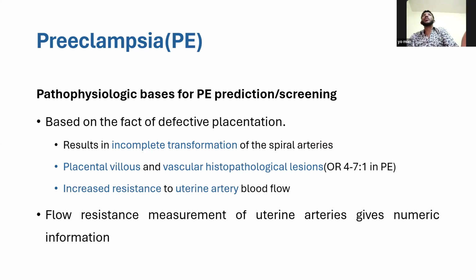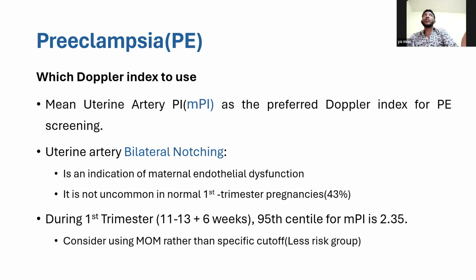So flow resistance measurement of the uterine artery gives a numeric value. After we obtain samples of the uterine artery, the most important index according to different guidelines is the mean uterine artery PI. We will map the right, we will map the left, then calculate the PI.